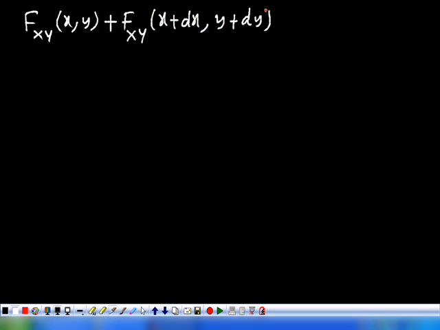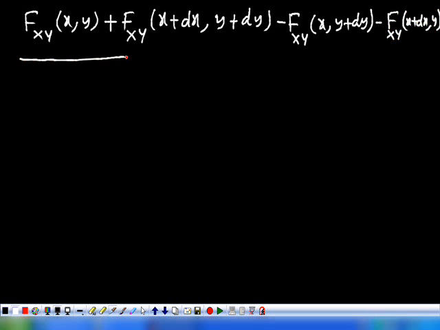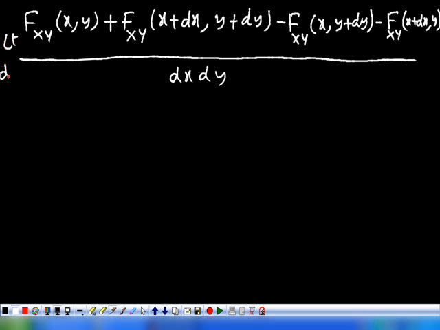Now we consider this: Fxy of x comma y plus Fxy of x plus dx comma y plus dy, minus Fxy of x comma y plus dy, minus Fxy of x plus dx comma y, and divide this by dx dy, and let dx and dy tend to 0.